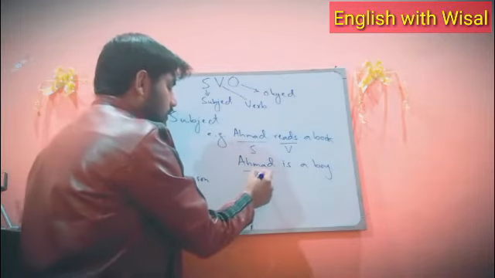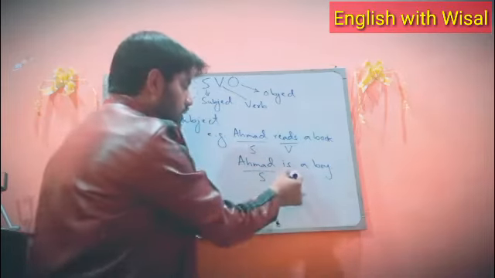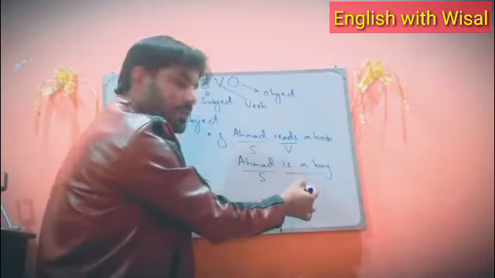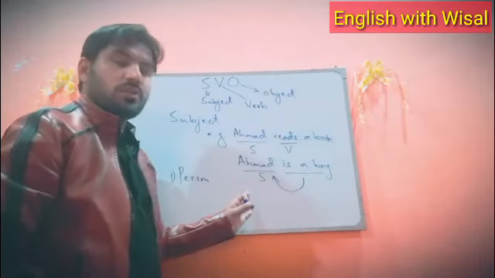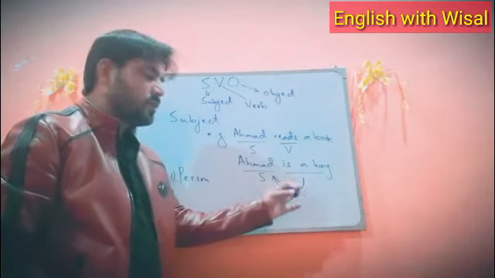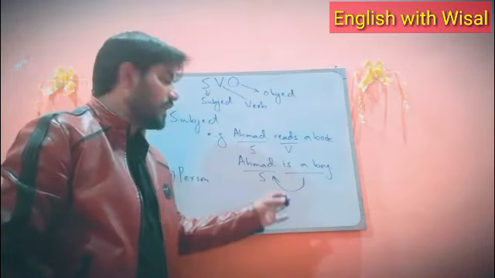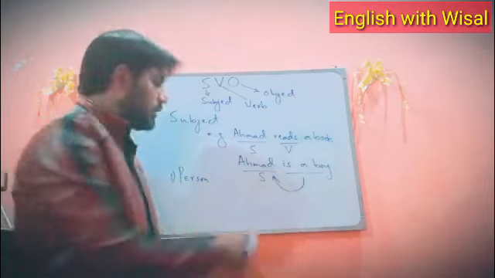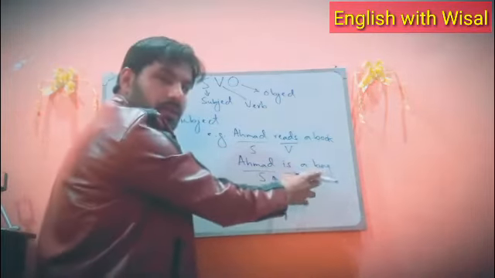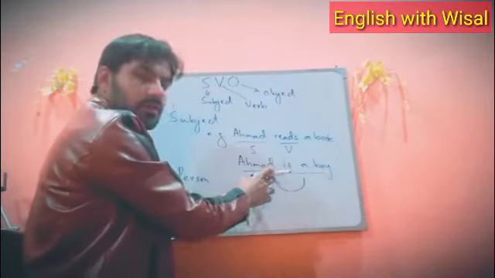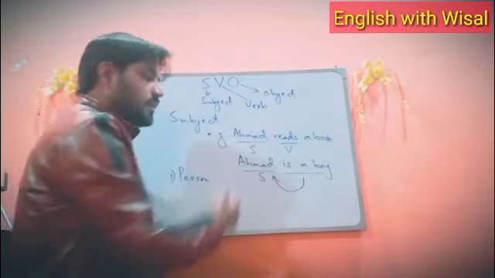Ahmad is the subject in this sentence because the rest of the sentence is about Ahmad. So we say that the part of the sentence about which we make a sentence is called the subject. In this sentence, is a boy is all about Ahmad. So that's why Ahmad is the subject and Ahmad is a person.